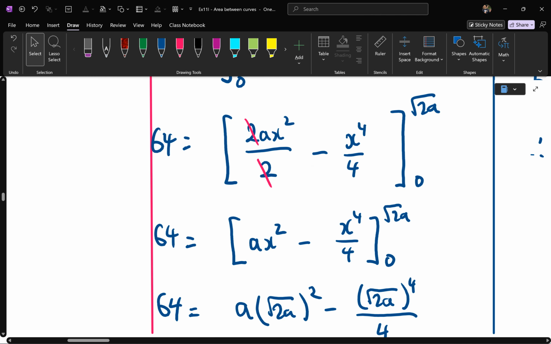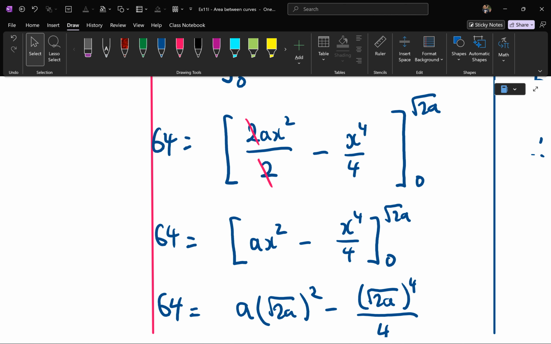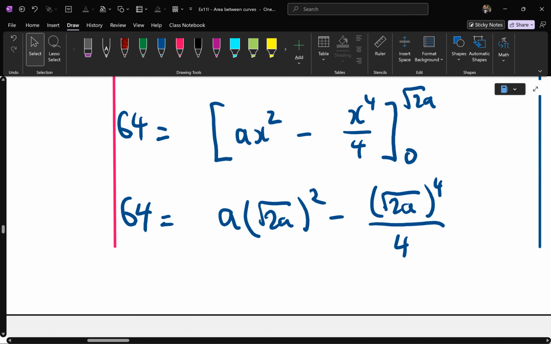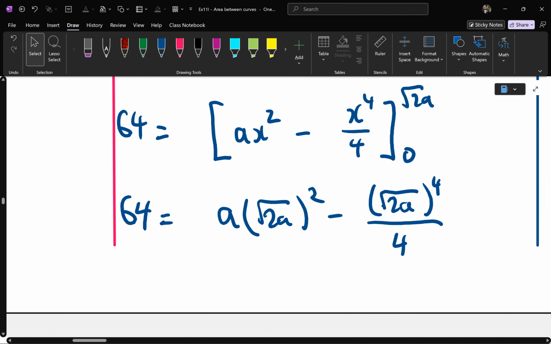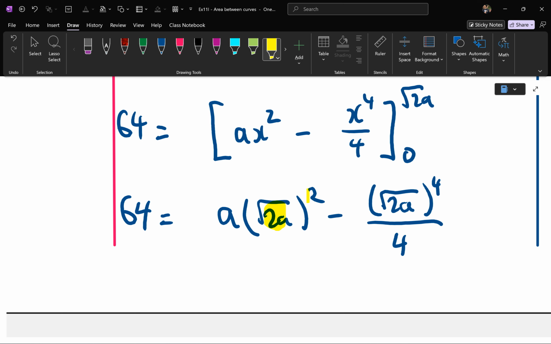You got the intervals from 0 to root 2a, so here we go. I'm going to substitute root 2a in, but notice when you sub 0 in, it's just going to cancel all out. So I didn't bother subbing in 0, I just substituted root 2a into the equation. This step here was interesting to see how many people can do it by hand. Remember, it's exam 1. Root of 2a, but then squared.